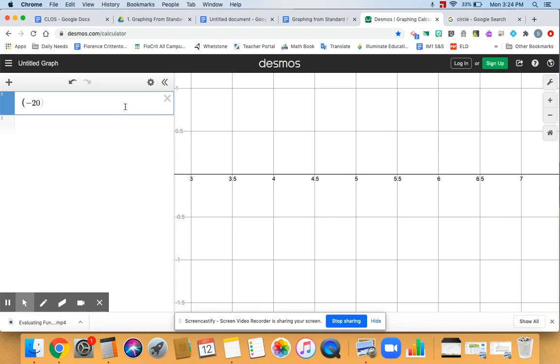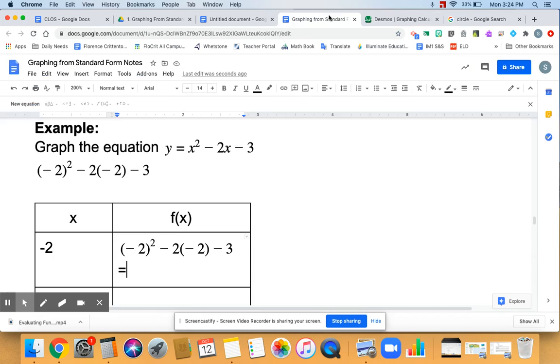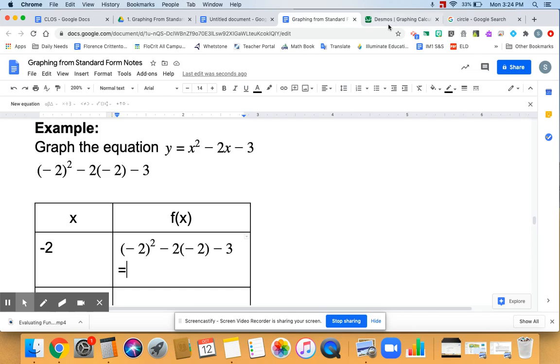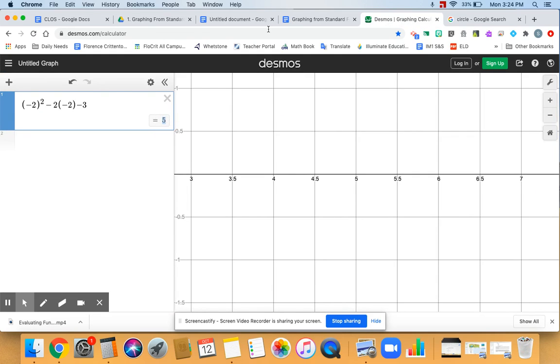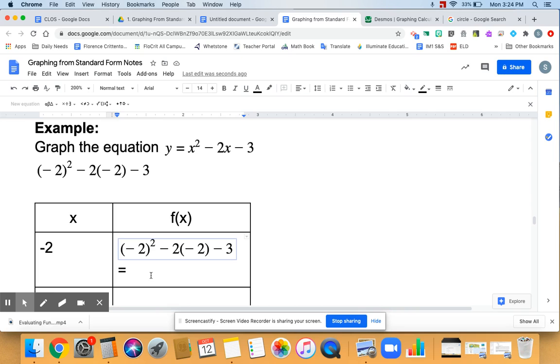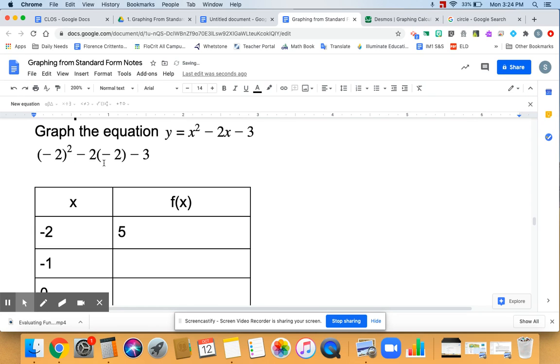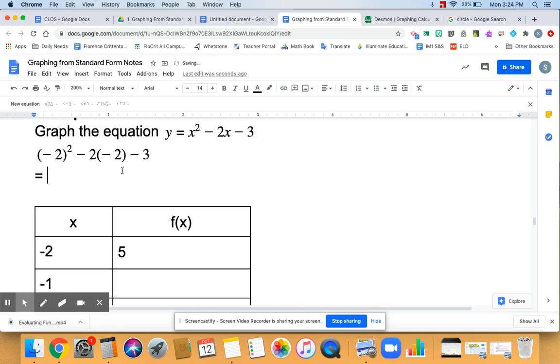So it's -2 squared minus 2 times -2 minus 3. I put it into a calculator, I get out the answer of 5. Instead of all the math in the box, I'm just going to put the answer. And then up here, I'll put all the math.